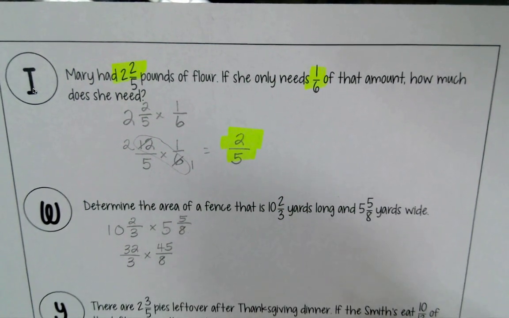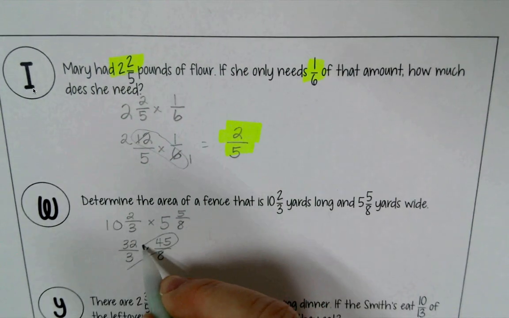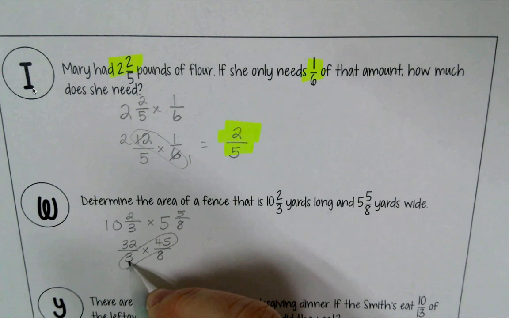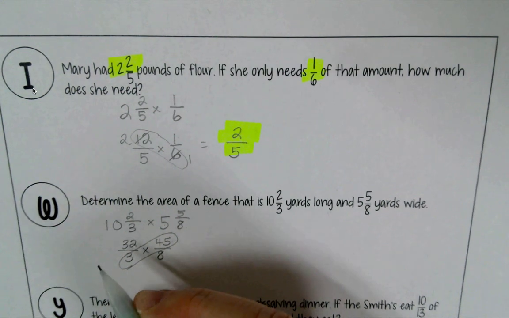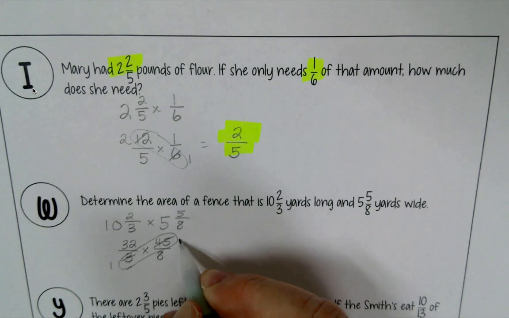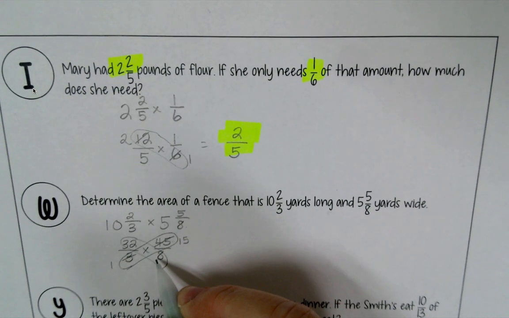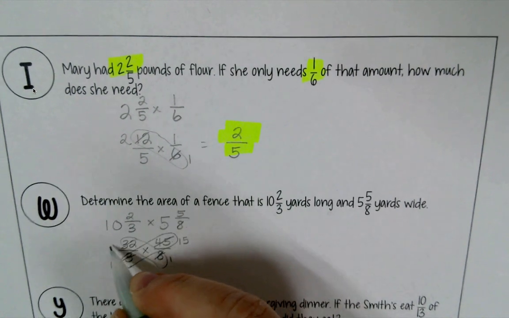Okay, so let's do some cross simplifying. So it's where you really got to know those factors here, because the greatest common factor of 3 and 45 is 3. 3 divided by 3 is 1. 45 divided by 3 is 15. And then 32 and 8 is 8. 32 divided by 8 is 4.